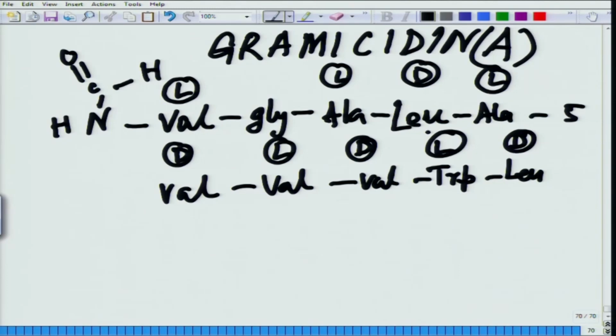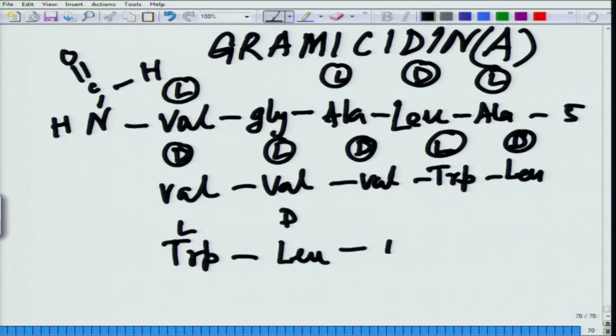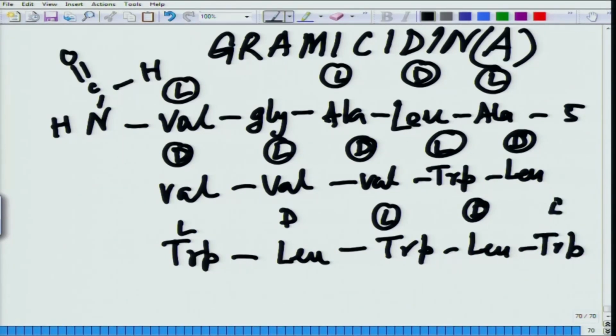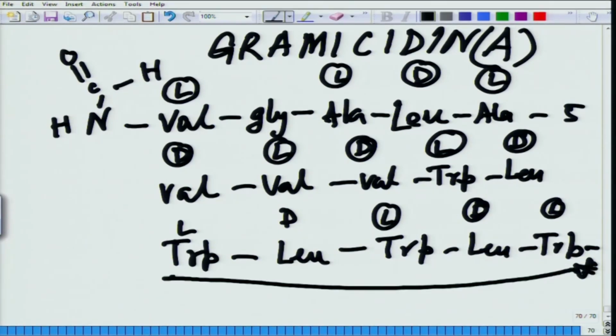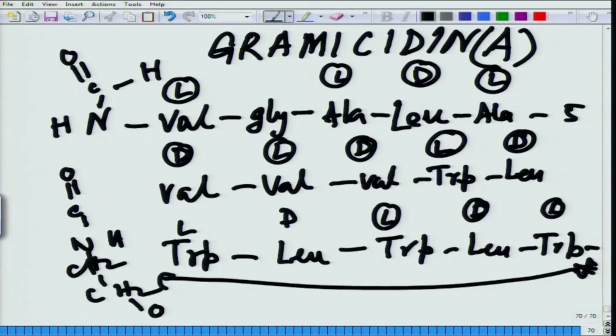So, you see there is an alternate L and D. Then tryptophan in L conformation, leucine in D conformation, another in L conformation, leucine in D conformation, and TRP in L conformation, and then it is attached to a carboxylate group, and NH, CH2, CH2, OH.